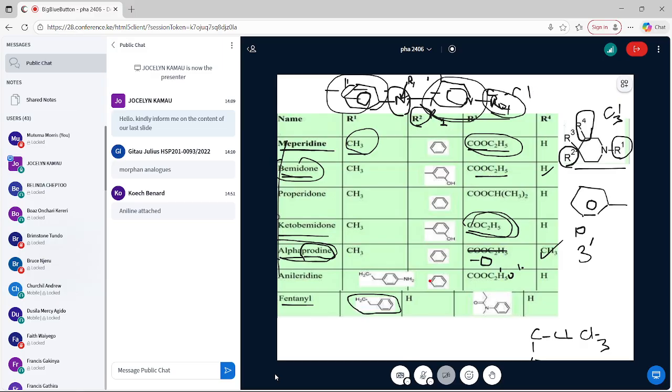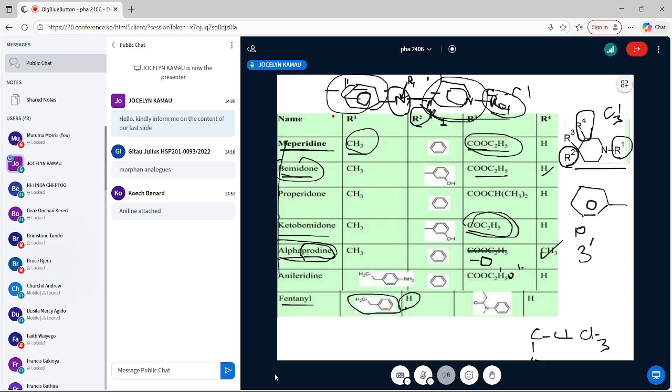Then for the other group we have here in the anilidopiperidine, fentanyl being our example, this group here is a hydrogen, and that is our prototype. Then you can see the group that is joined to the nitrogen.